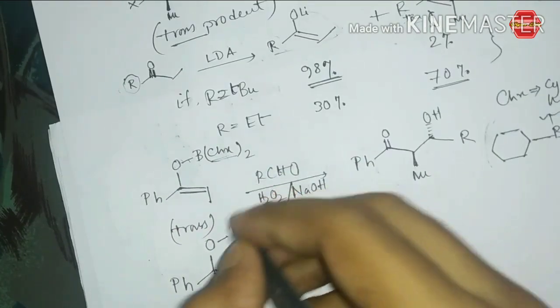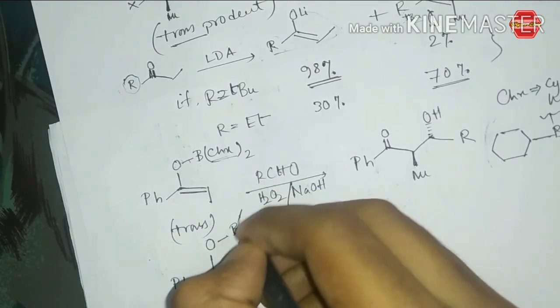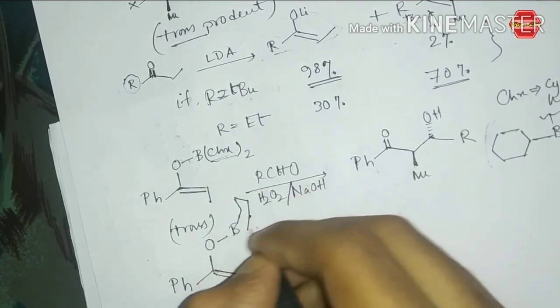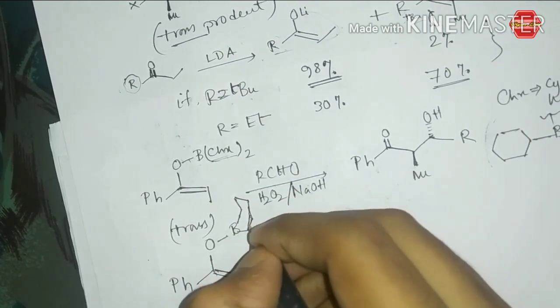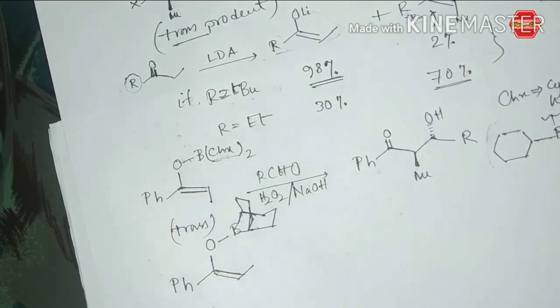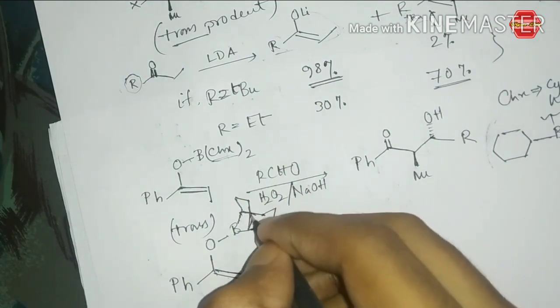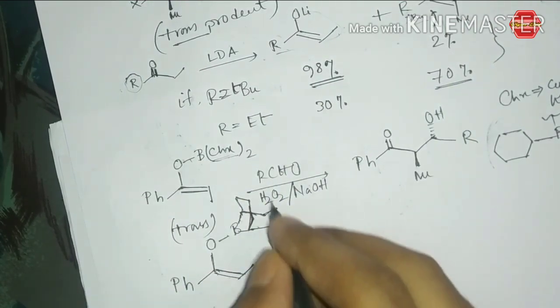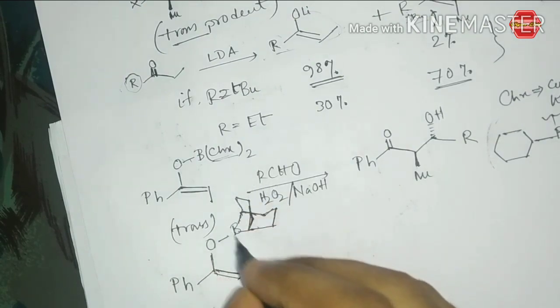In this type of compound, I am writing the structure this way. Okay, this type of structure is not too bad. Now this is called 9-BBN.